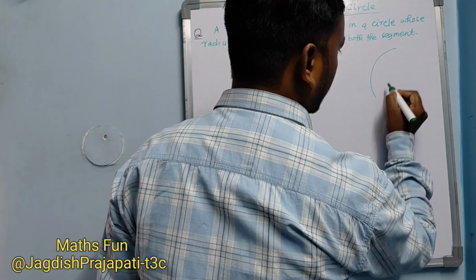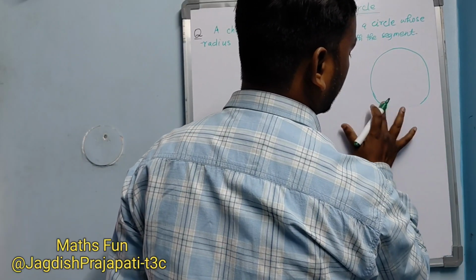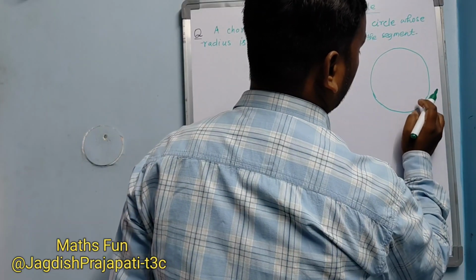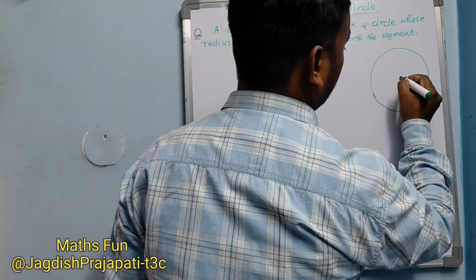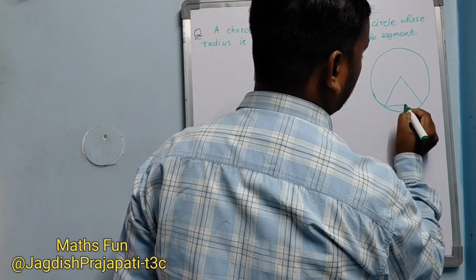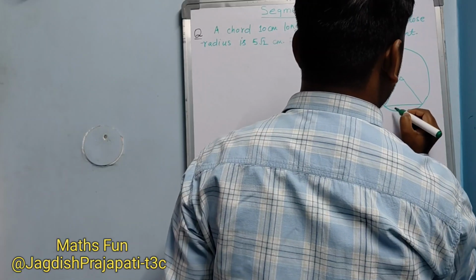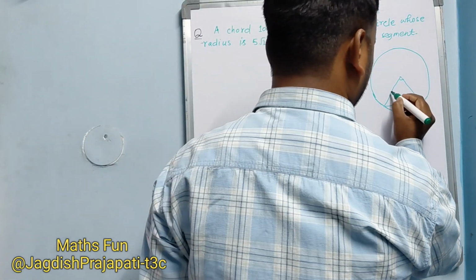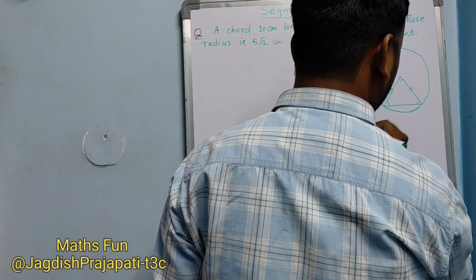So let us understand this problem. This is the radius, so these will be equal, and therefore this angle and this angle will be equal.